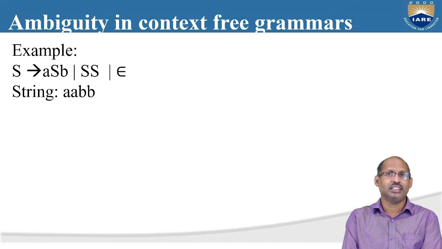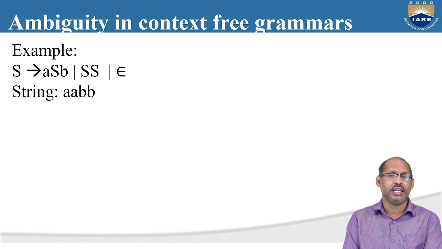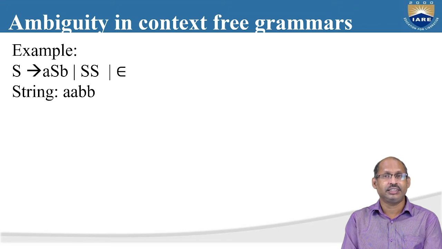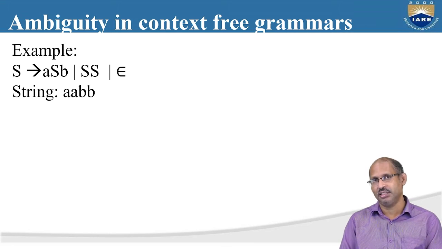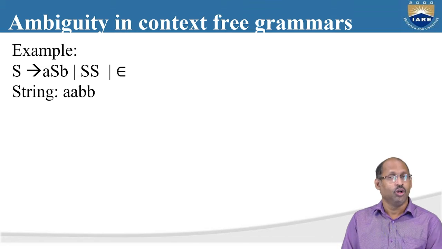Now, an example is given: S gives aSb or SS or epsilon. The string is aabb. Now we want to check whether the grammar is ambiguous or unambiguous. If it has more than one leftmost derivation or more than one rightmost derivation, then we say it is ambiguous.